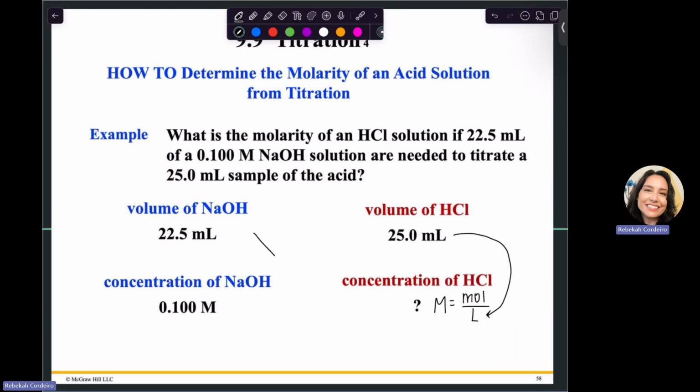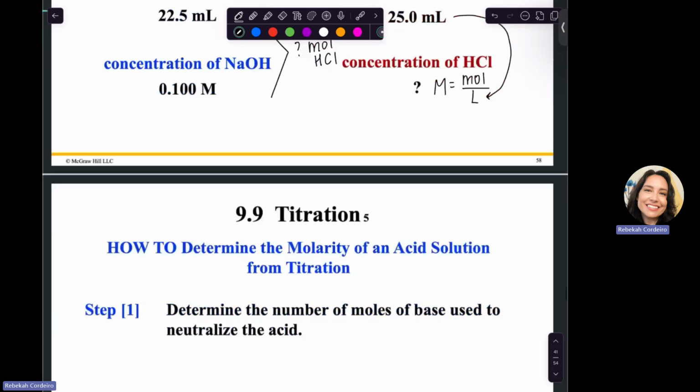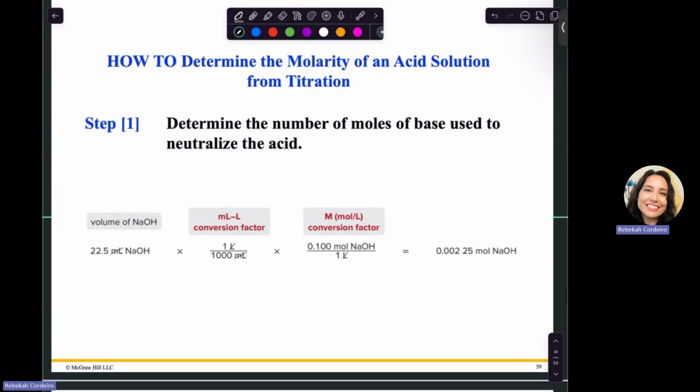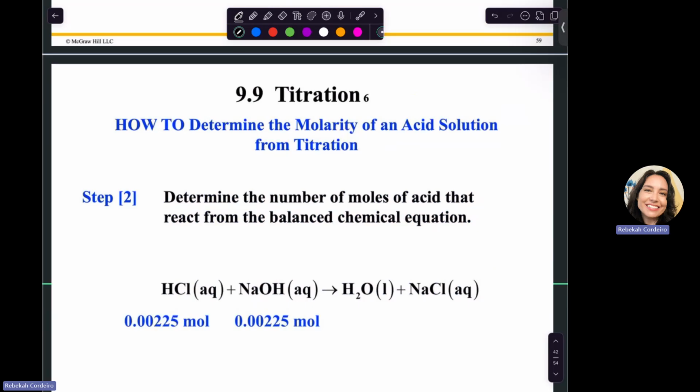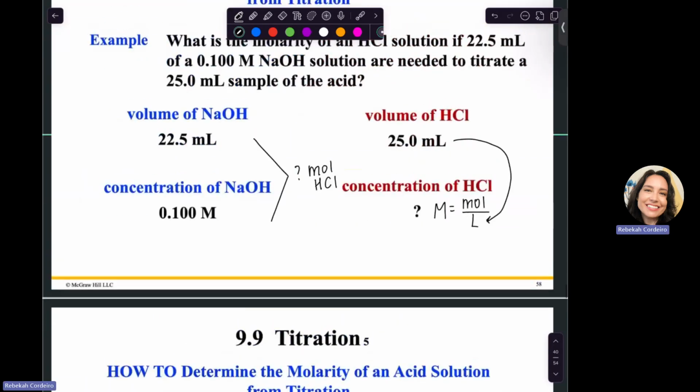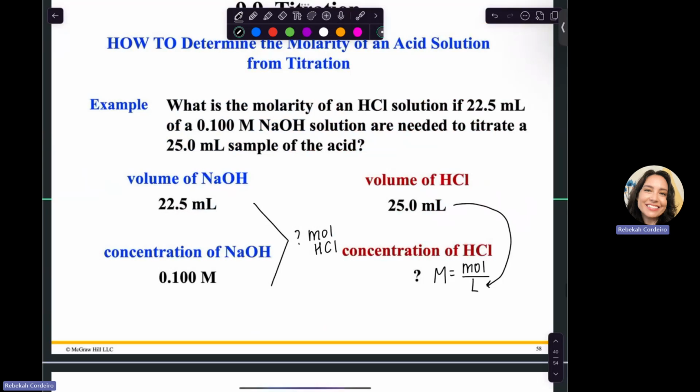So we're going to be using these two pieces of information to find the moles of HCl. And we're going to need one more piece of information to help us with that. We'll need to also have the chemical reaction. If we look at the chemical reaction, they have it here. Let me just write it up here, because they're doing this in an order I don't really like so much.